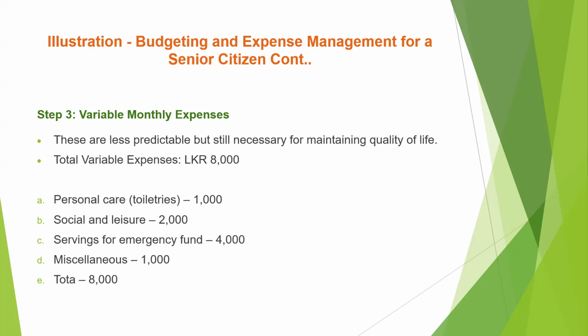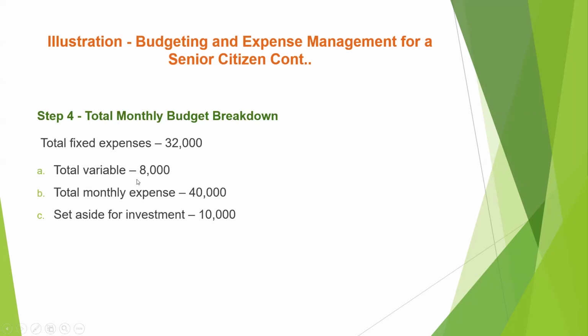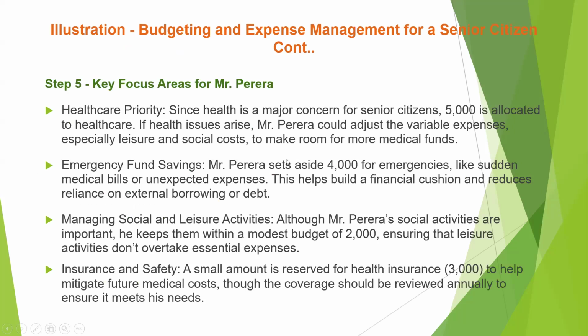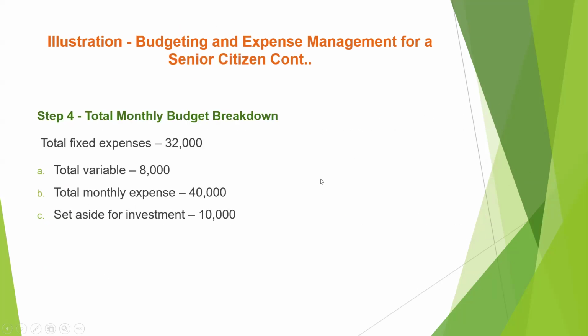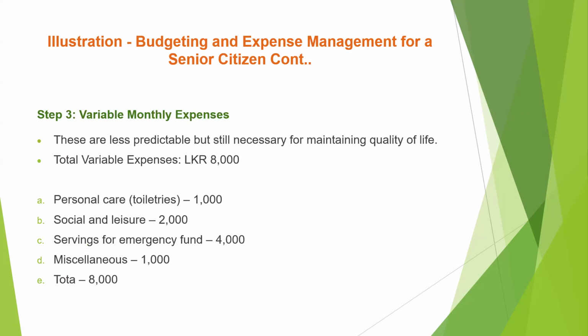This savings for emergency fund is also very important, right? Why are we allocating this 4,000 for emergency funds? Especially for medical needs, in addition to the insurance, we have allocated this emergency fund requirement.